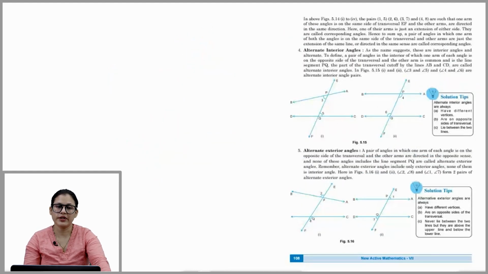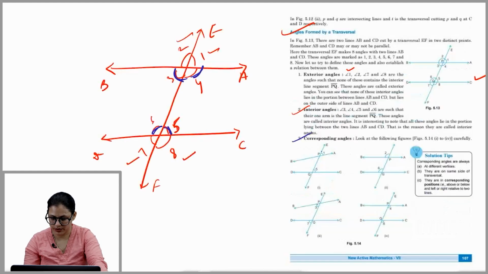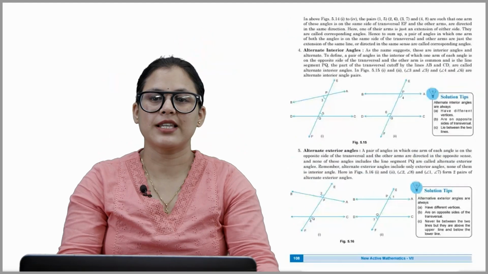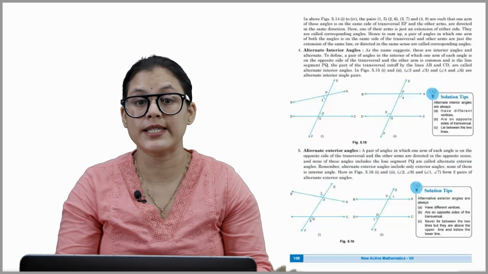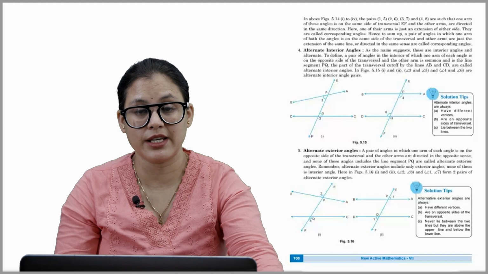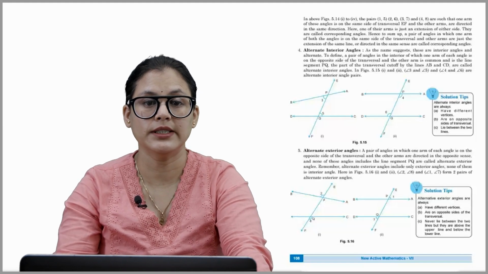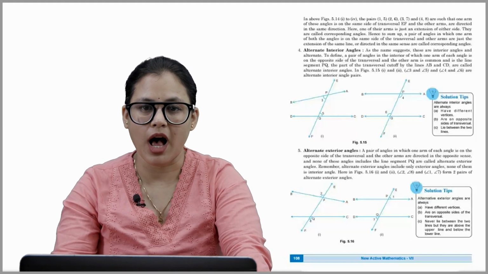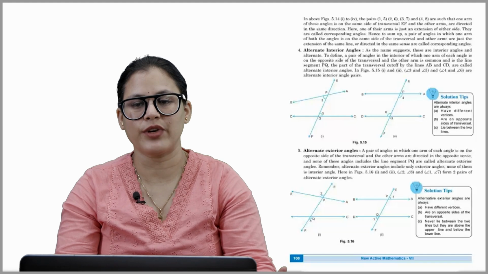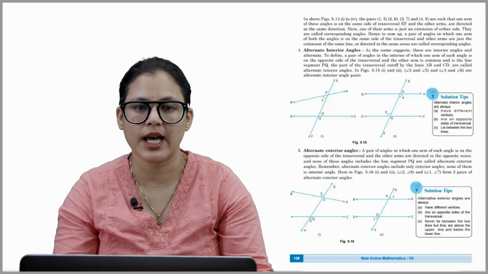In above figures 5.14, the pairs 1,5; 2,6; 3,7 and 4,8 are such that one arm of these angles is on the same side of transversal EF and the other arms are directed in the same direction. Here one of their arms is just an extension of either side. They are called corresponding angles.